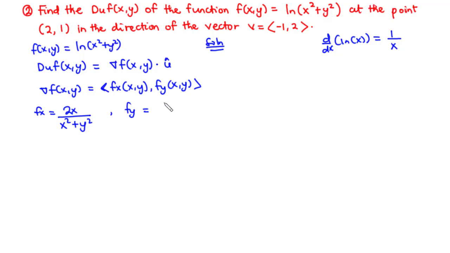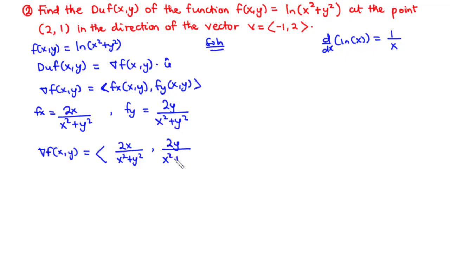Here we are going to have 2y and then divided by x squared plus y squared. So that is fx and then fy. Therefore, we have the gradient of the function to be equal to 2x over x squared plus y squared, comma, 2y divided by x squared plus y squared.